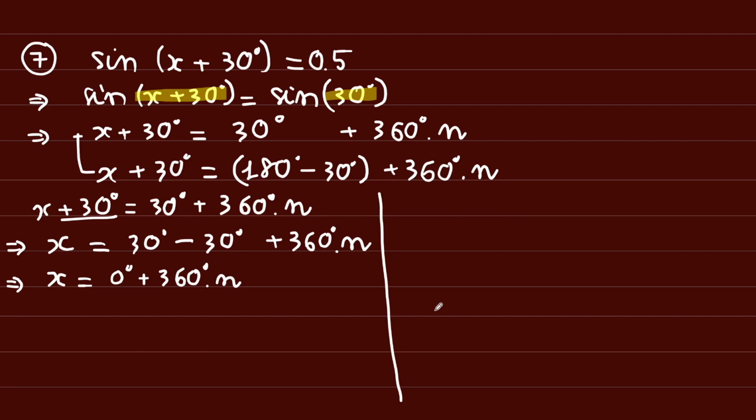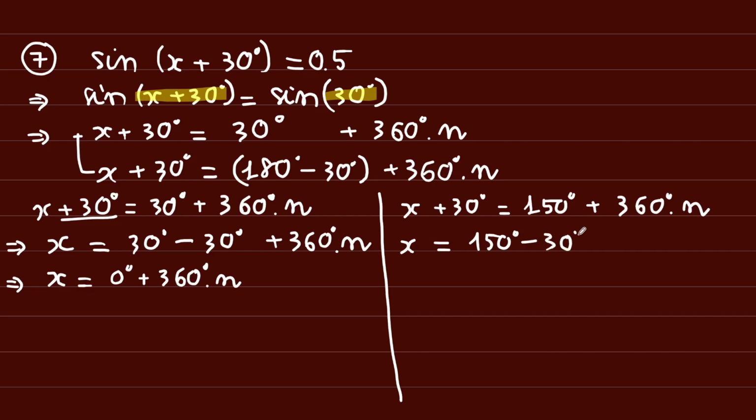And the second expression, you got x plus 30 degree equal to 180 minus 30 degree. This means 150 degree plus 360 degree multiply n. Okay, so one more time, transposing plus 30 degree from left to right, you got 150 degree minus 30 degree, like here, plus 360 degree multiply n.